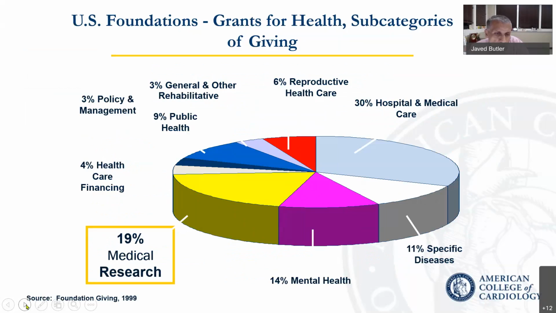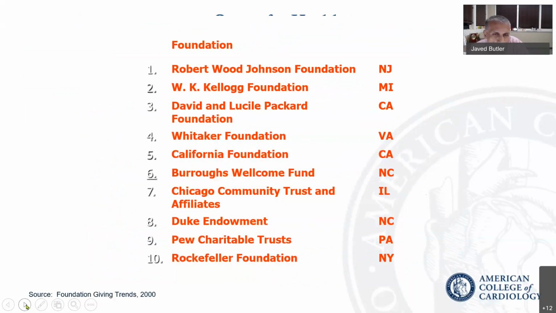Then there are the big foundations. So definitely keep an eye on the foundation. So this is overall sort of all the different foundations and where they put their money in. And as you can see, about $1 in $5 of the foundation money goes into medical research. So these are the top 10 foundations: Robert Wood Johnson, Kellogg, Duke Endowment, Pew Charitable Trust.